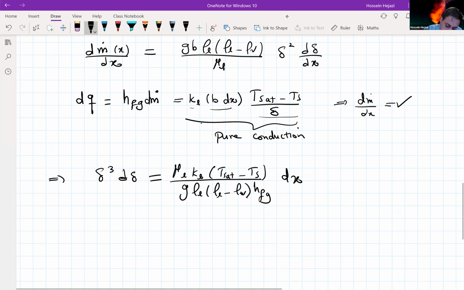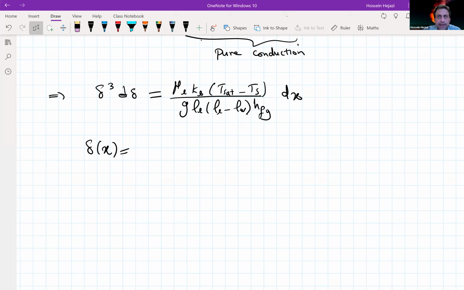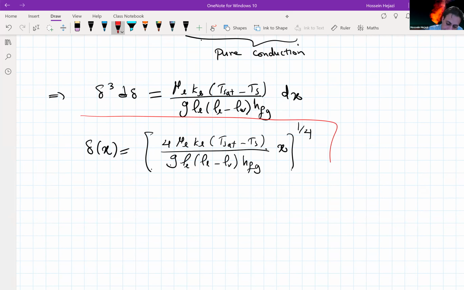And from here, I can get delta of x. So I can get the thickness of this film at any location, which will be [4 mu L k_L (T_sat minus T_s) divided by g rho L (rho L minus rho V) h_fg times x] to the power of 1 over 4. So this is going to be the thickness of this film at any location.